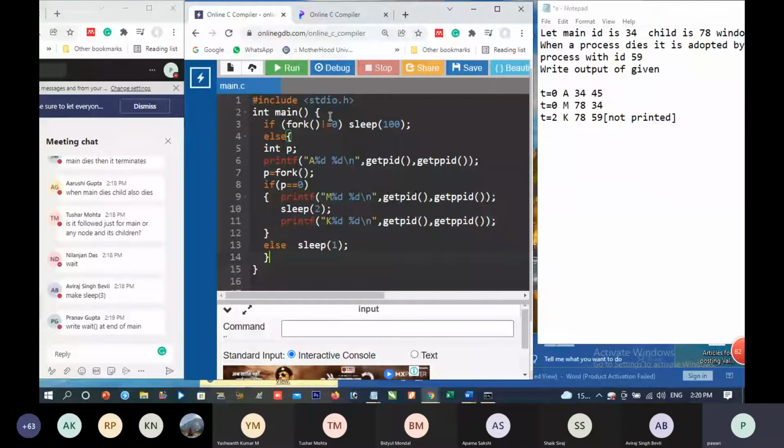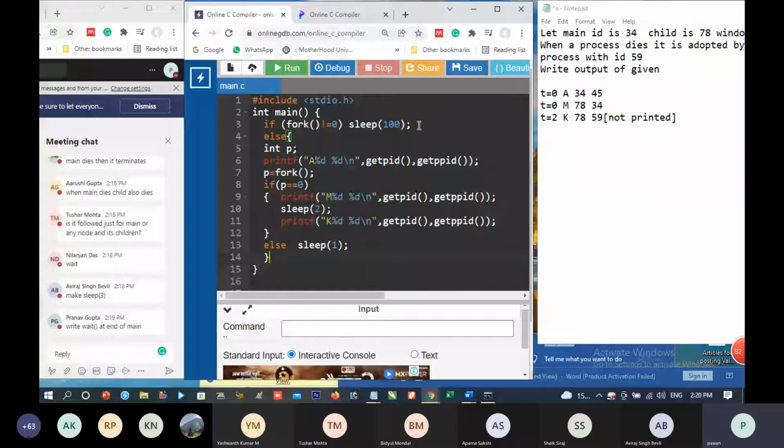But here we can see the adoption, because the main process is made to sleep for 100 seconds.